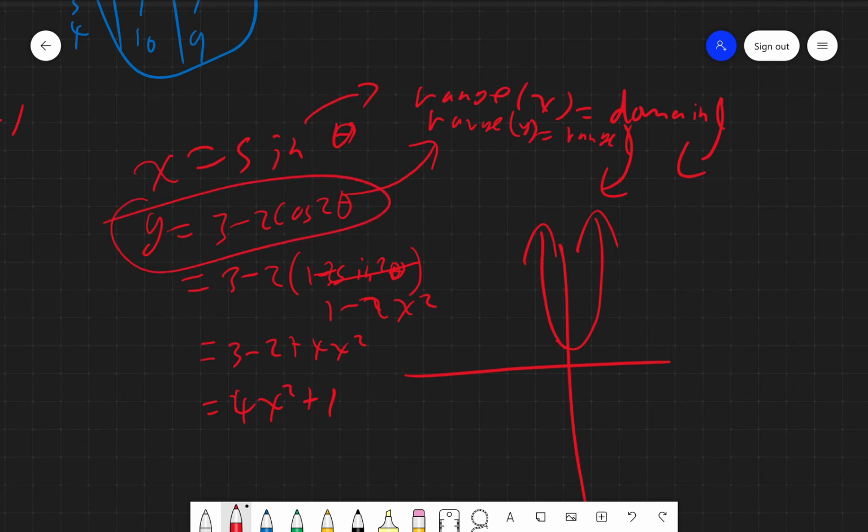That's why. And then all things that come out of the x will be the domain, right? So by definition, that makes sense. All possible values of this is a domain of the graph, and all possible values of this is a range of the graph.